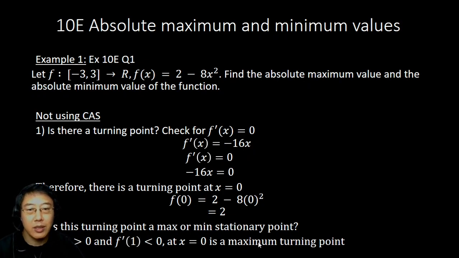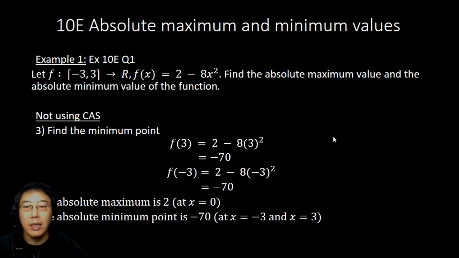So it tells us that it is a maximum turning point. Another way you should know as well, it's a quadratic function. The coefficient in front of x squared is negative, so it's going to be the inverted shape, so you know the turning point is a maximum. So we have the maximum.